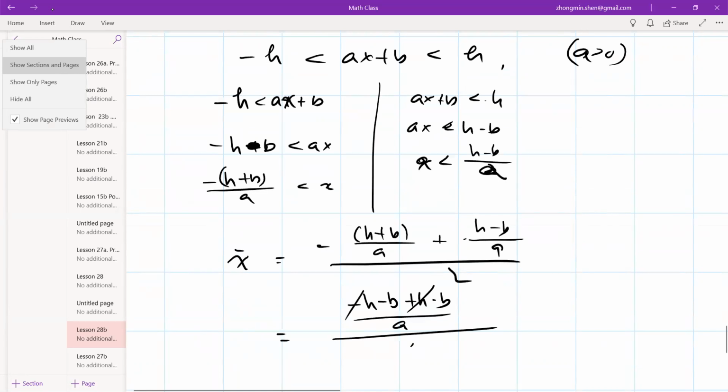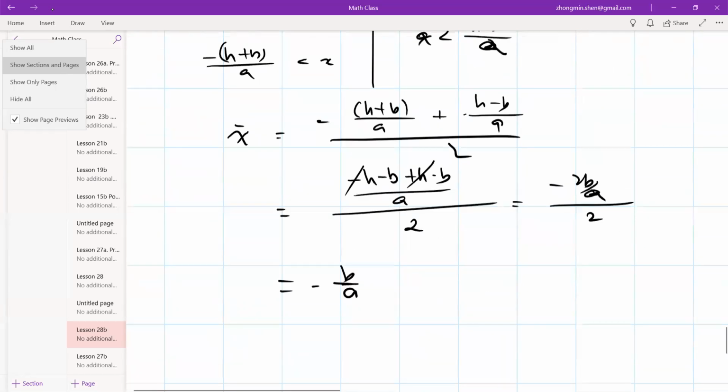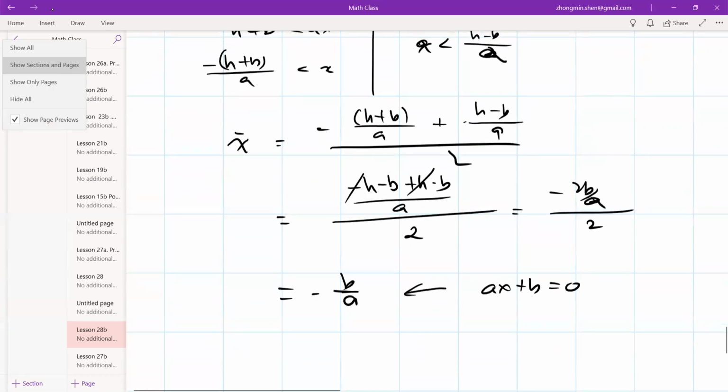And you get negative 2b over a divided by 2. So the answer would be negative b over a. Okay? So this is coming from the solution of ax plus b equals 0. It's nothing to do with h.